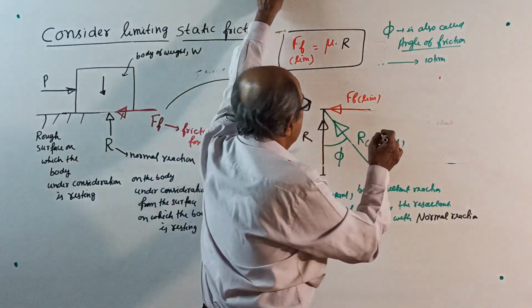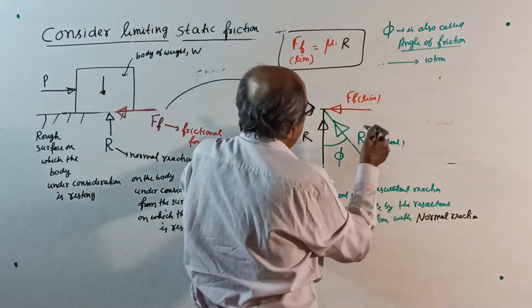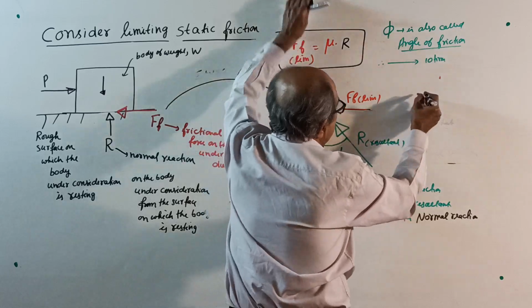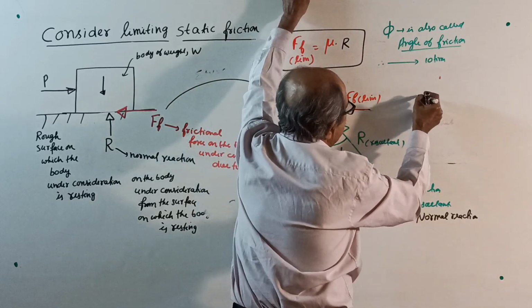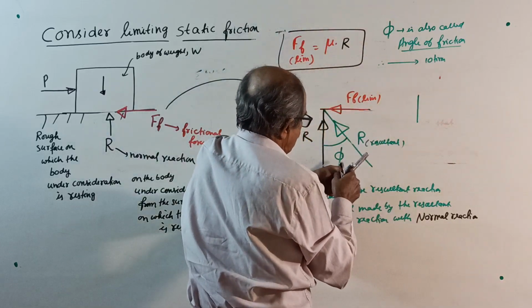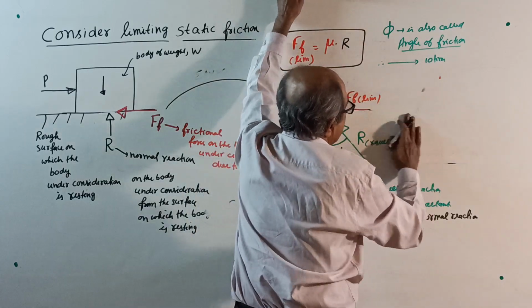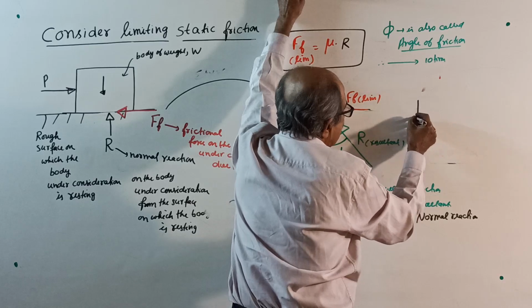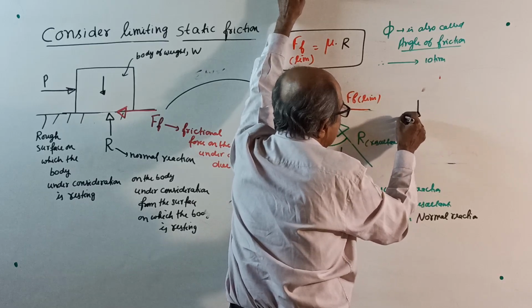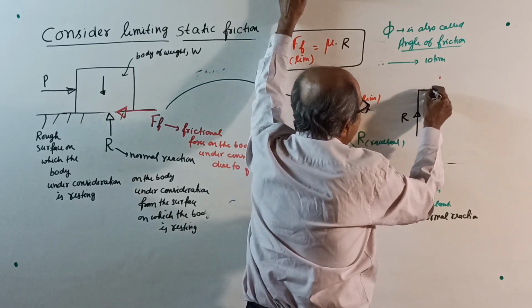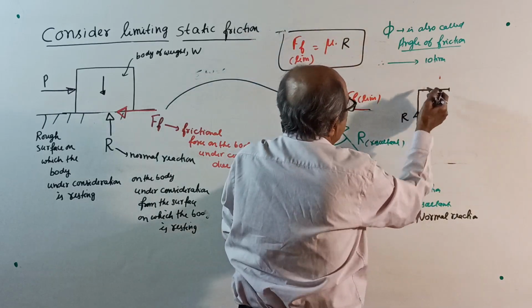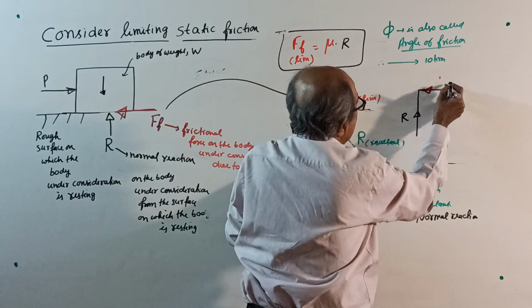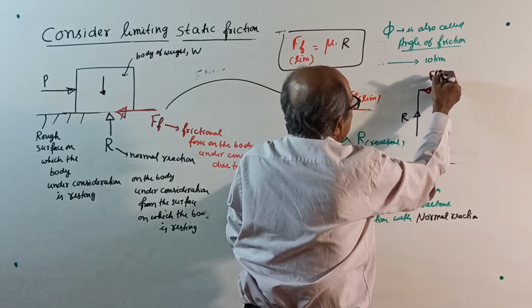Now do one thing. See here, once again this sketch. This is R, the normal reaction, in black color. This is FF limit.